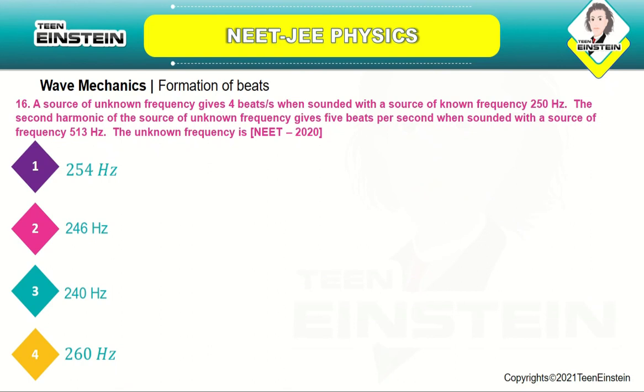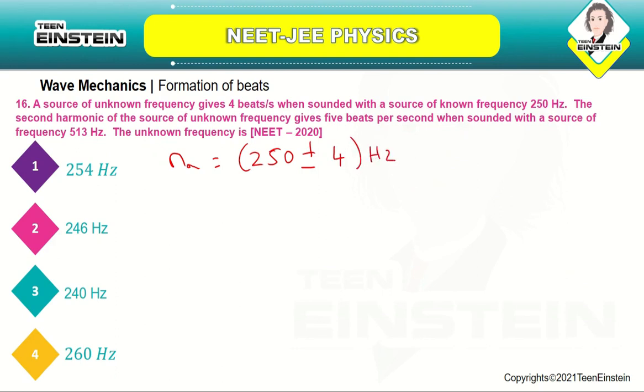Okay, so here they are saying that a source of unknown frequency gives 4 beats per second when sounded with a source of known frequency 250 Hz. The second harmonic gives 5 beats per second when sounded with a source of frequency 513 Hz. Okay, so NA is equal to 250 plus or minus 4 Hz.